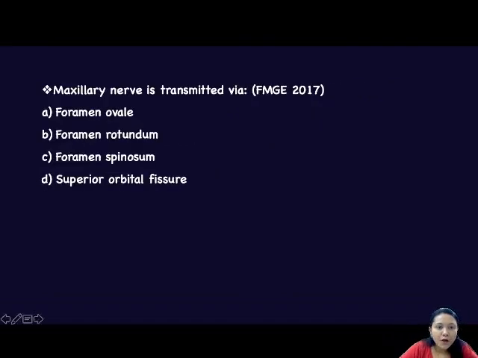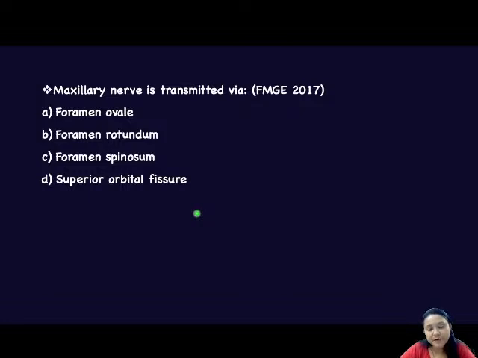Now, the maxillary nerve is transmitted via, somebody should attempt this. They have given foramen ovale, foramen rotundum, foramen spinosum, and superior orbital fissure. Anybody who wants to attempt this, just think about it for 5 seconds and attempt it.